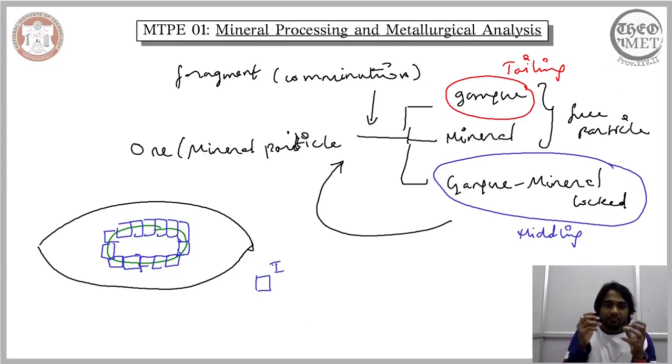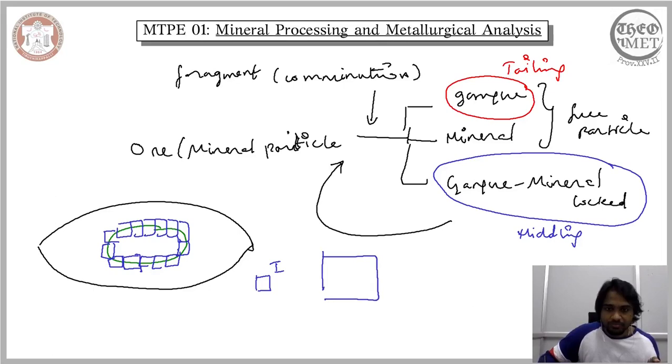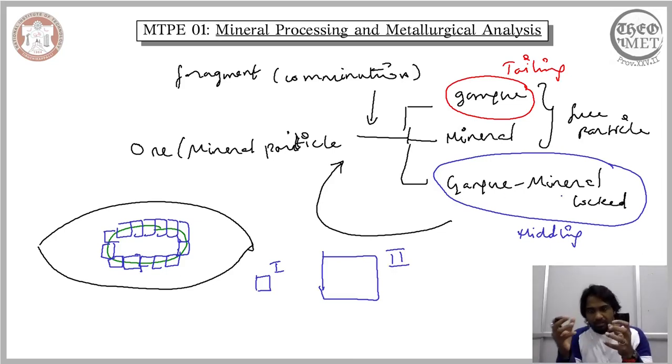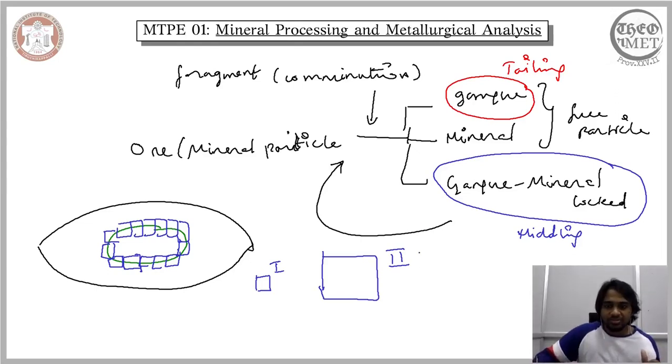On the other hand, we can take this iterative process where we initially produce noticeably large particles of size 2. When we consider noticeably large particles of size 2, it will produce a substantial amount of locked particles. But now we can consider only these locked particles for the subsequent comminution and reduce their size alone.